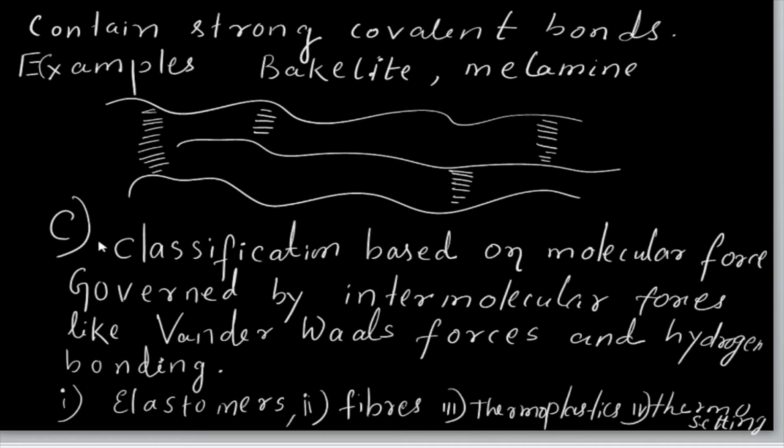All the things will be clear when you come to the preparation of different types of polymers. Here is the bakelite structure and the melamine structure. These are cross-linked, and you will read about melamine and bakelite in the preparation part. So now remember bakelite and melamine, these are the important cross-link polymers.